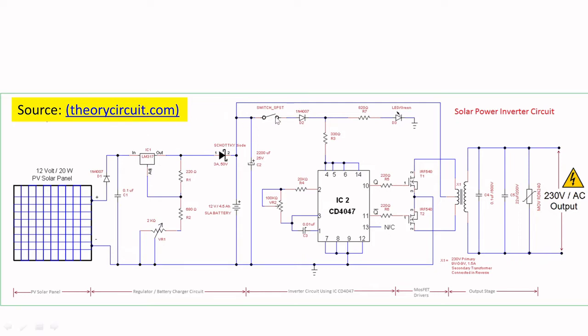A single pole, single throw switch will be connected. So the energy stored in the battery will be used for biasing your IC. This LED shows that it is utilizing your battery charge. So this CD4047 is biased with this supply unit, the charging unit.